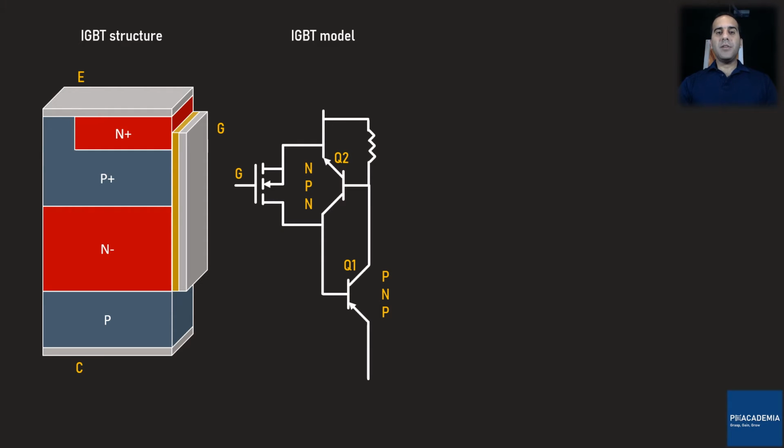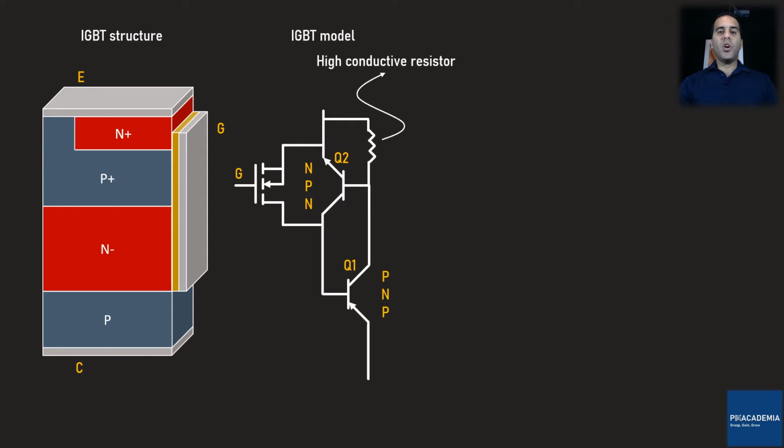The only difference between this structure and the thyristor in terms of the way the model looks is the N-channel MOSFET. Although this way of imagination looks correct at first glance, the thyristor operation is strictly prohibited by a highly conductive resistor connected between the base and emitter of Q2.